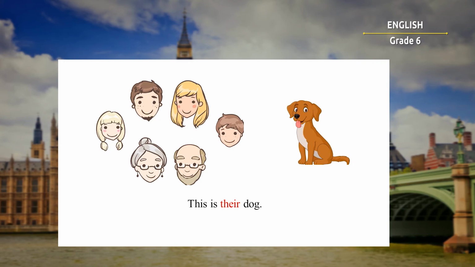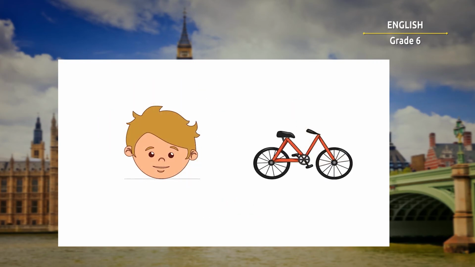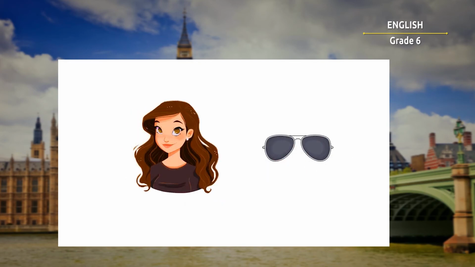This is their dog. This dog is theirs. This is his bicycle. This bicycle is his. These are her sunglasses.